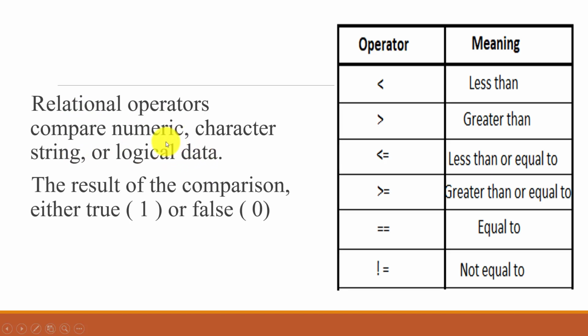They return Boolean values or Boolean expressions, that is, the result is either true or false. False is indicated by 0 and true is indicated by 1. So: equal to, not equal to, less than, greater than, less than or equal to, and greater than or equal to. These are all the relational operators.